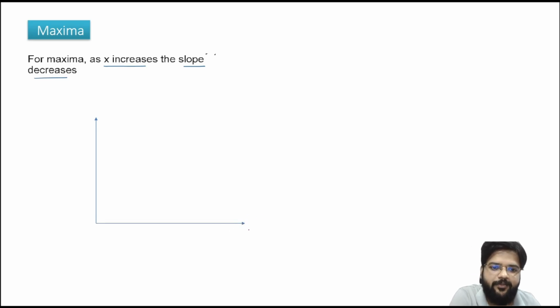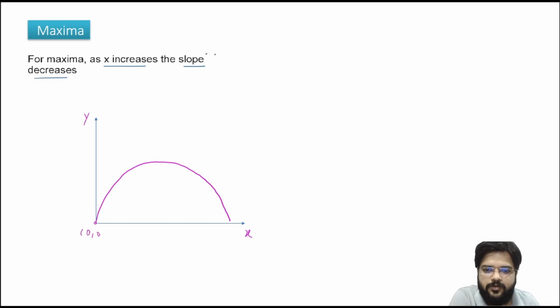So let's suppose here we have an x versus y graph. This is the x-axis and this is the y-axis, and we have this type of curve. This is 0, 0, correct? Let's suppose I want the slope at this point.